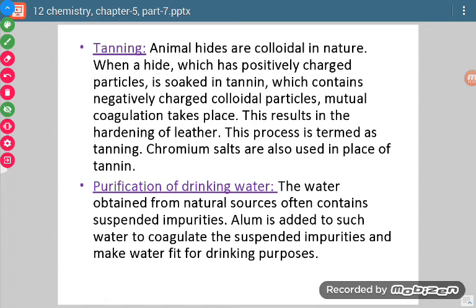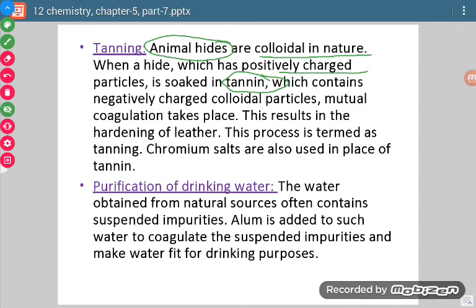Okay. So what we do, that raw leather is colloidal in nature. Now we take a particular substance called tannin. There are other substances also, but tannin was the most widely used, so this process is also termed as tanning. Okay. So that raw leather is of colloidal nature and has positively charged particles.